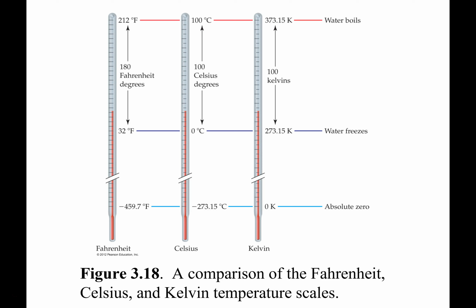All you've got to do is add or subtract the offset. And the offset is right here, 273.15. So that's all you're going to do, add or subtract that, depending on which one you're going between. But notice that Kelvin will never have a negative temperature. And 0 Kelvin is equal to negative 273.15 Celsius.